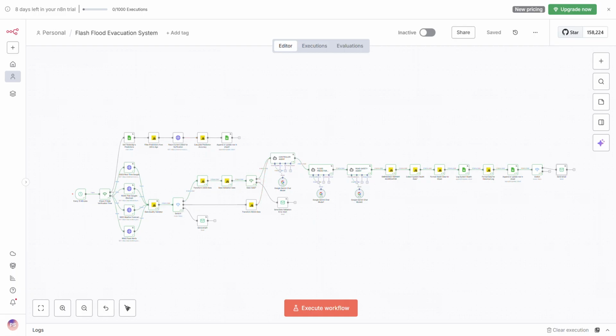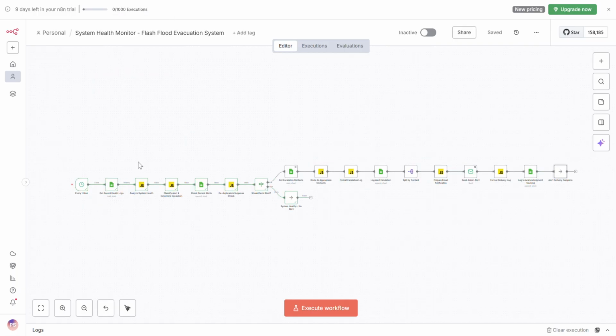Now this has happened. We have another n8n system that we have done to get the recent health logs and for the managers to get those reports. So this would run every hour, and once it is run, it will fetch the data from the existing files.